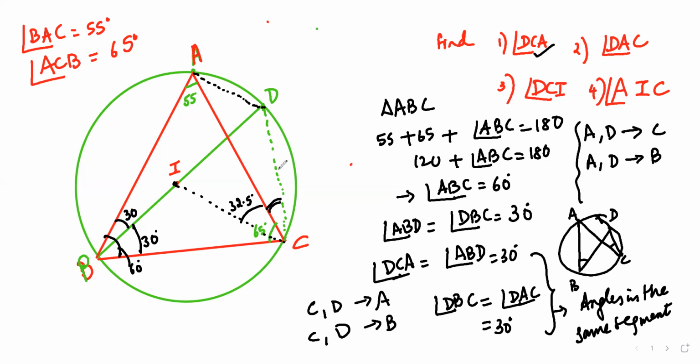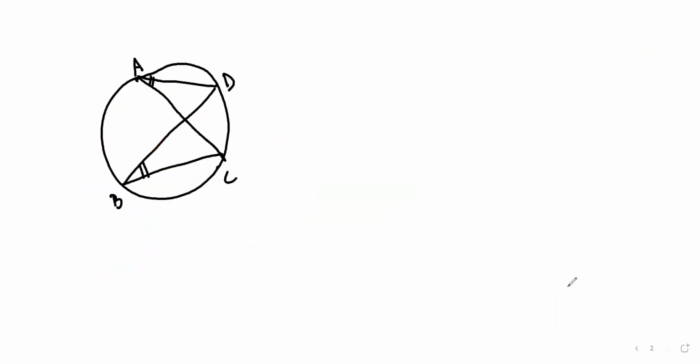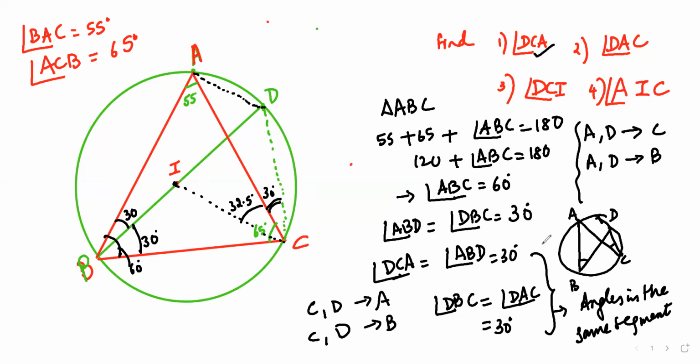And the other part, that is angle DCA, from sub question 1, I found out. What is that? 30 degrees, isn't it? So I can say, I'm just taking you to the next page. Angle DCA, we found out.